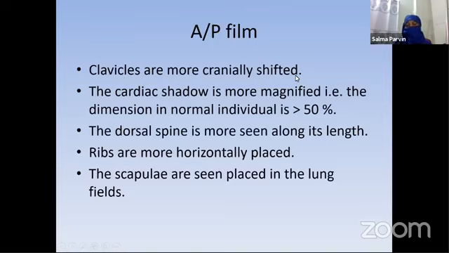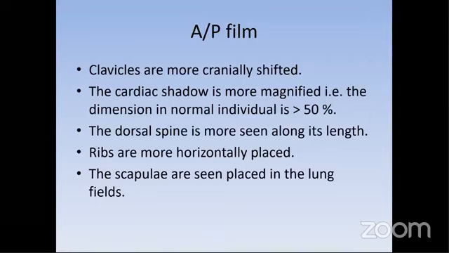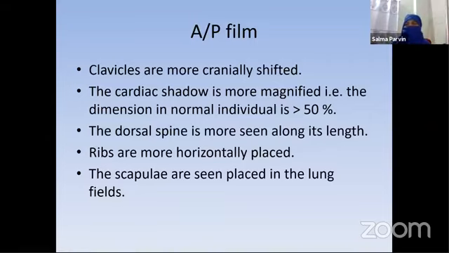The cardiac shadow is more magnified. That is, the dimension, even in a normal individual, will be more than 50%, because in the AP film the patient lies on his or her back, and the heart, a structure of the anterior mediastinum, gets magnified because it is more distant from the cassette when the patient lies on his or her back.